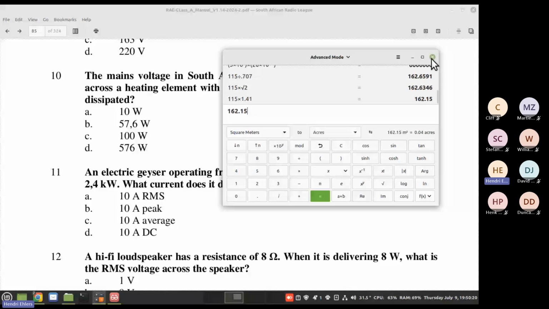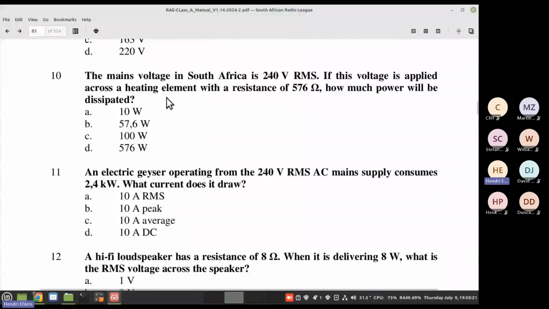Let's get rid of the calculator. The mains voltage in South Africa is 240 volts RMS. If this voltage is applied across a heating element with a resistance of 576 ohm, how much power will be dissipated? Then we use P equals V squared over R, if I'm correct.